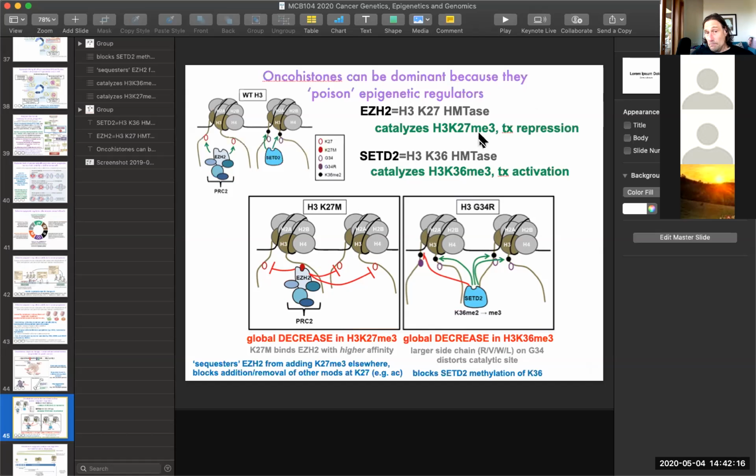So think back to the epigenetics lectures where I emphasized H3K9 methyl 2, methyl 3. That involved transcriptional repression as well, but they're distinct in terms of the components and, of course, which part of the tail is modified.